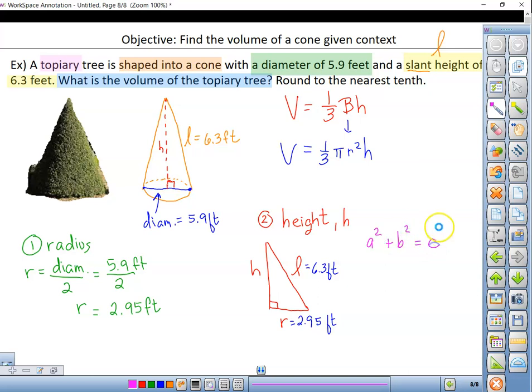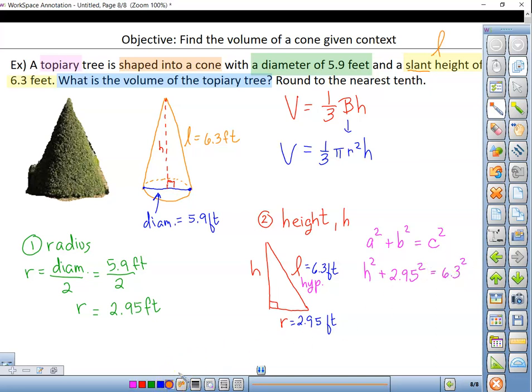And remember that the c value has to be the hypotenuse, which will always be our slant height in this case. So that's our 6.3. Which of a or b is h or our r value doesn't matter because it's a sum. So I'm going to write h squared plus 2.95 squared equals 6.3 squared.